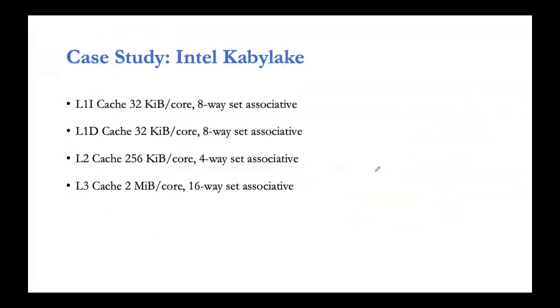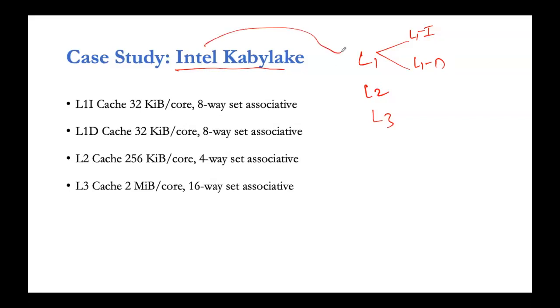So based on the previous discussions, let us see some case studies of modern processors. The modern Intel Kaby Lake processor has three caches: level 1, level 2, and level 3 cache. As we have seen, to solve structural hazards, the L1 cache is divided into an L1 instruction cache and an L1 data cache.